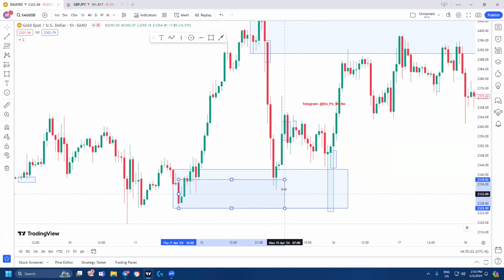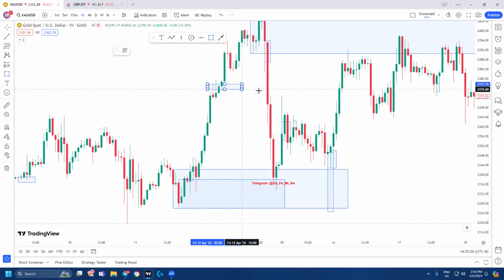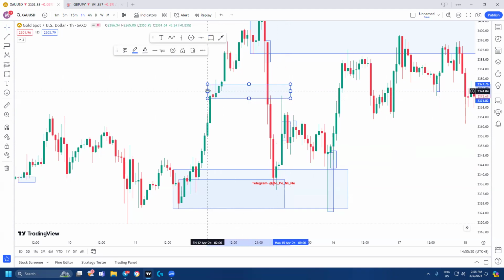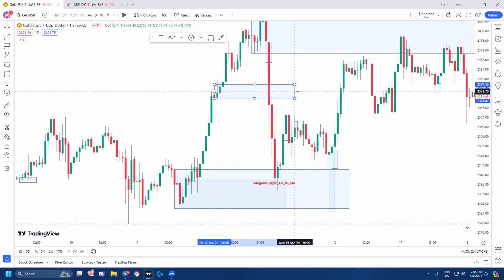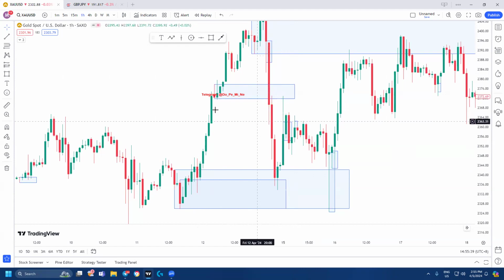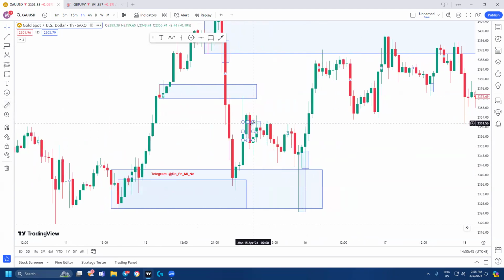We already precise to H1 and the TP should be right here because we have the EF zone for H1. You see the rejection. So this is your first TP. Your first TP should be at this point.